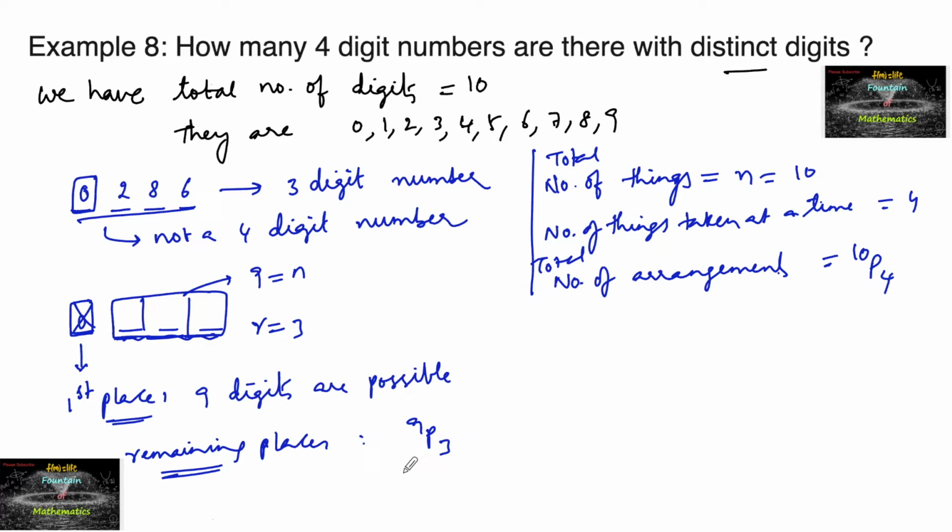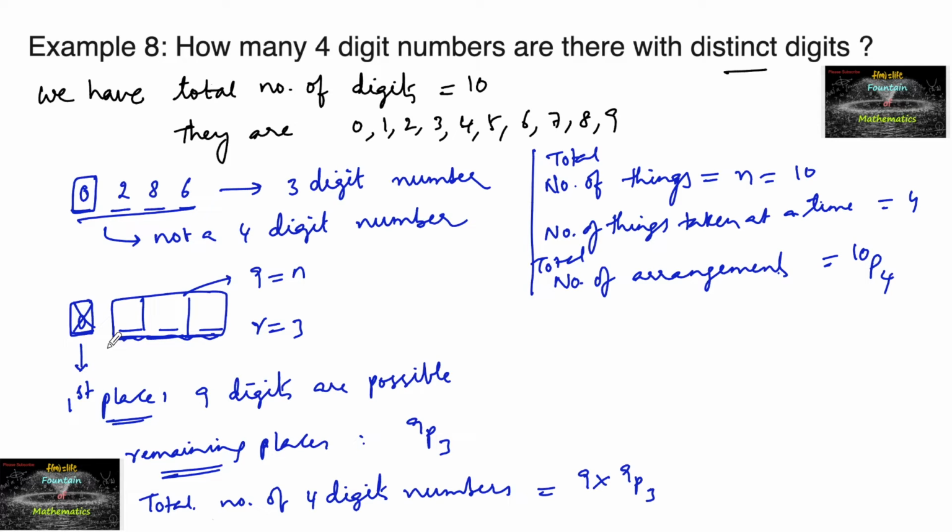9P3 possibilities are there. So therefore the total number of 4-digit numbers with distinct digits is equal to 9 into 9P3. Why are we doing multiplication? We are using the multiplication principle here. If the first place is occupied, then we look at the remaining places.